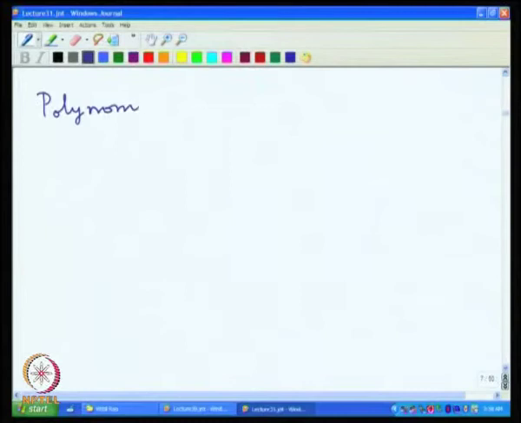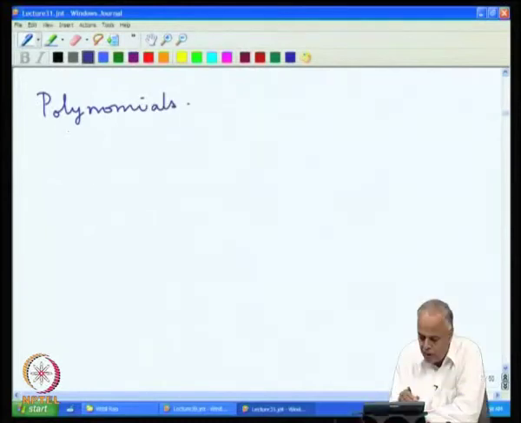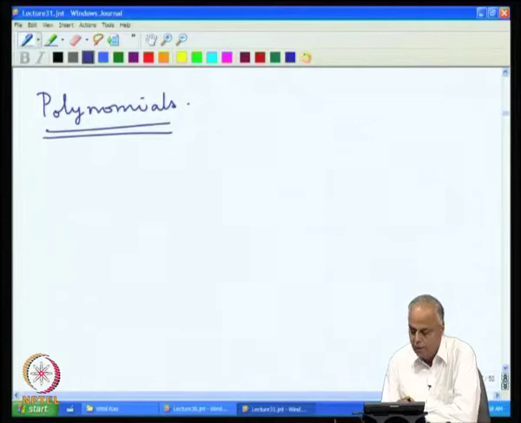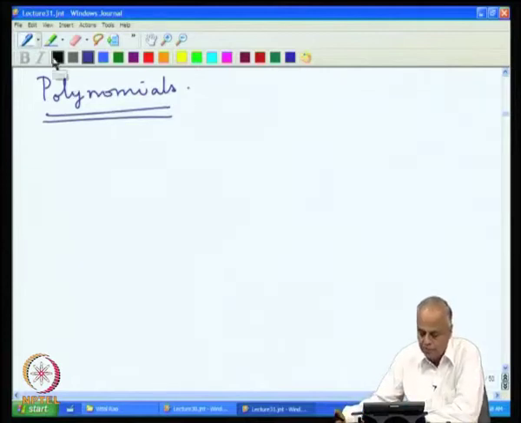We have already seen one polynomial, namely the characteristic polynomial. Analogous to that, there are several other polynomials associated with a matrix. So, we look at some facts about polynomials in general to start with. These facts are very important in a complete analysis of the structure of matrices and linear transformations in general.